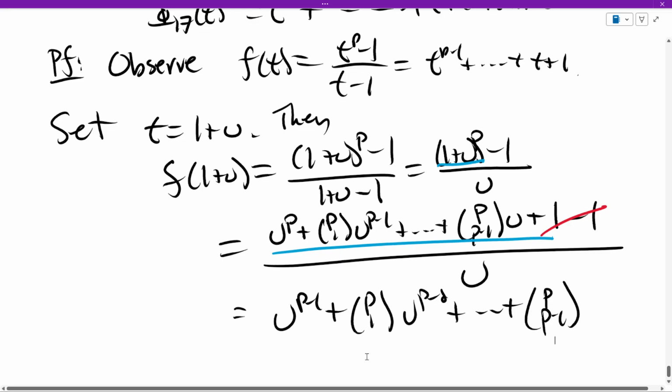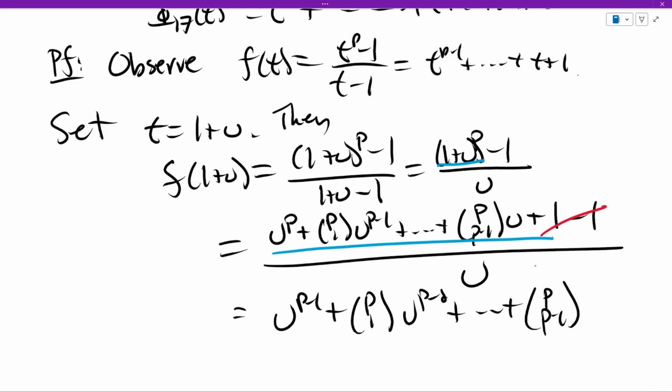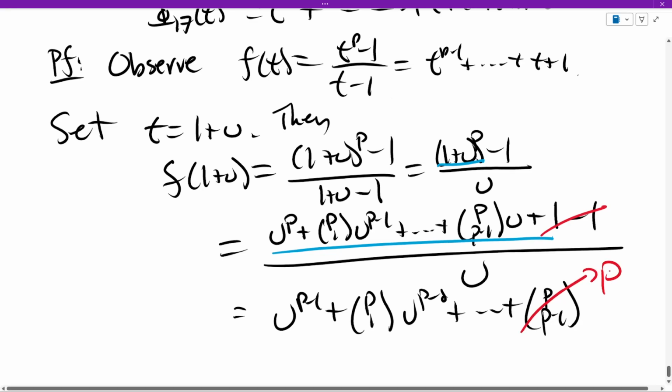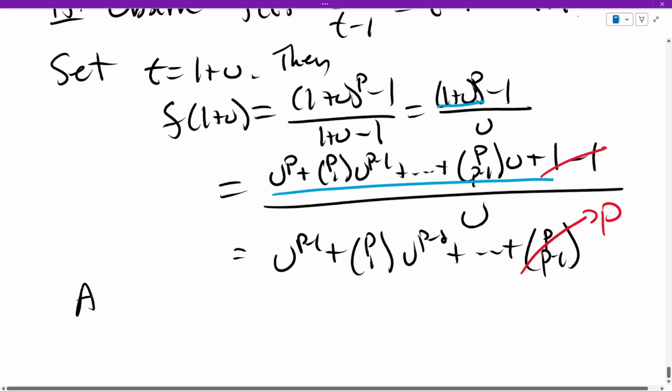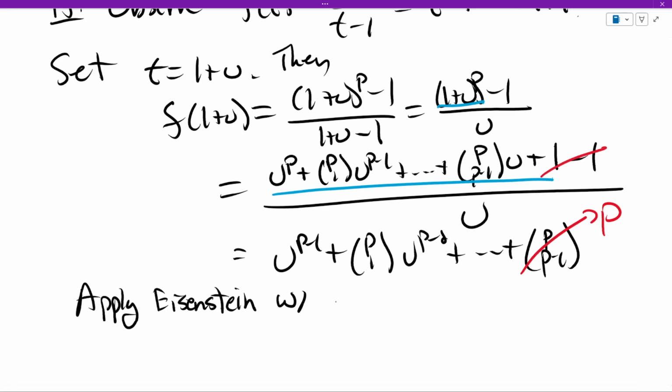And what do we notice? Well, these are binomial coefficients times powers of u, and moreover, the constant term p choose p minus 1, that's just p, right? Well, okay, that's just p. And so what are we going to do? We're going to apply Eisenstein's criterion with q equals p.